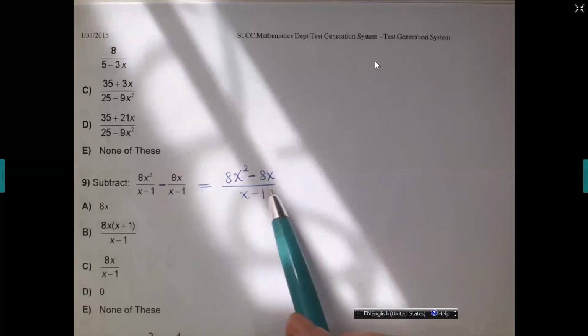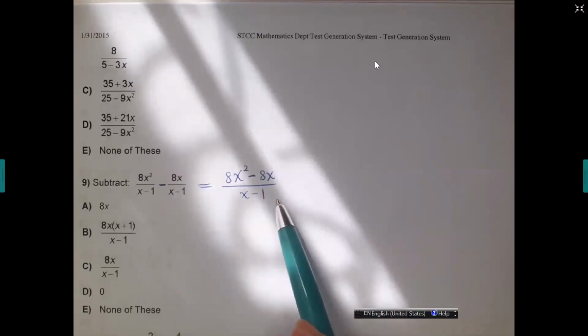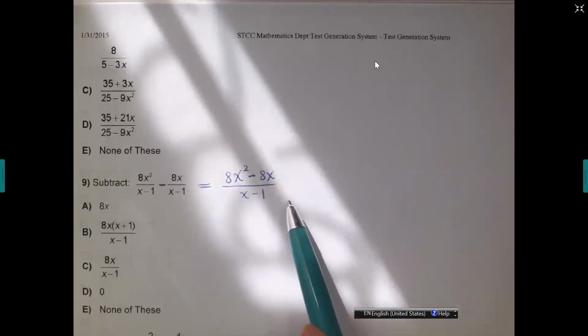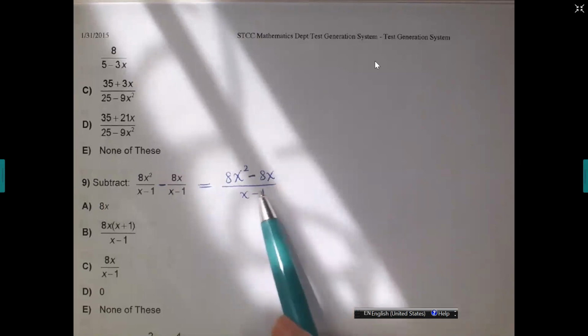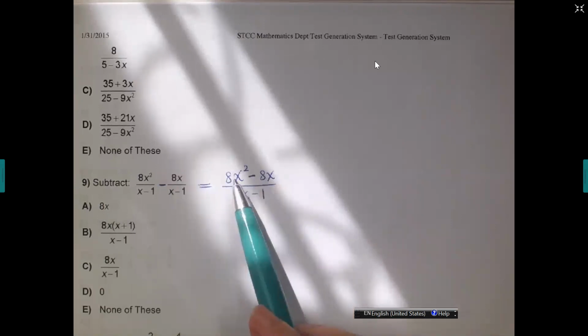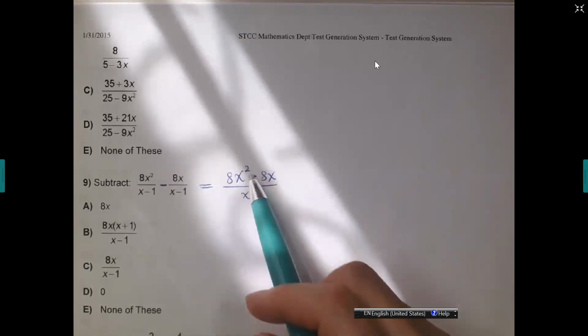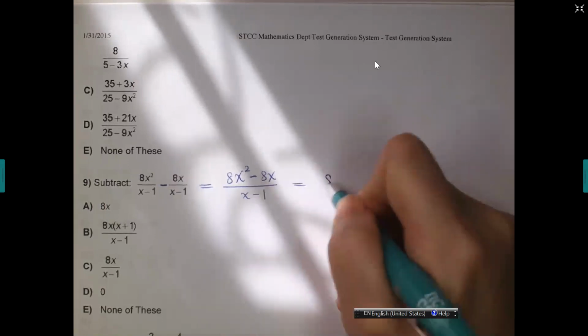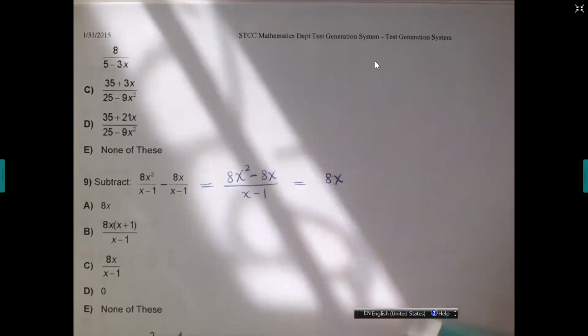What we got here, we have to ask ourselves, can we stop here? Are we able to continue to simplify this rational expression? The answer is yes. Why? Because we could factor the numerator. 8x squared minus 8x, they have a GCF 8x. So now we actually go back to problems 1 and 2.